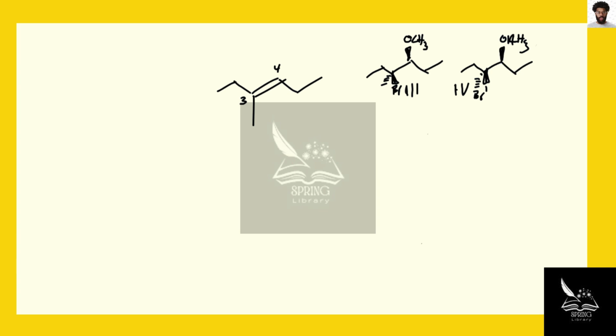Okay, so then we've got 1. Here we see bromine on carbon 4, where it should be, and we see our methoxide on carbon 3, where it should be. But the problem here is that the methoxide and the bromine have been added to the same face of the molecule, so 1 is also no good.